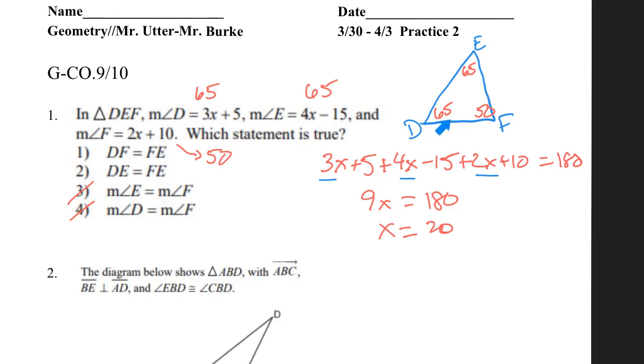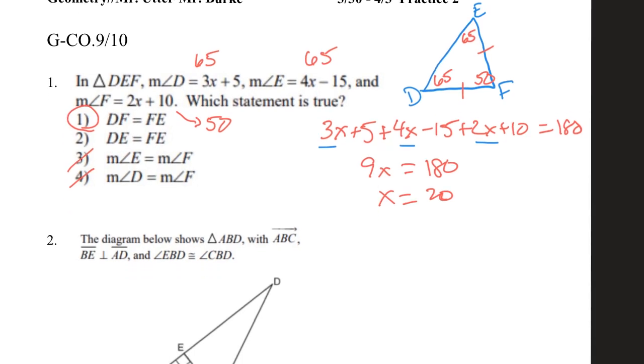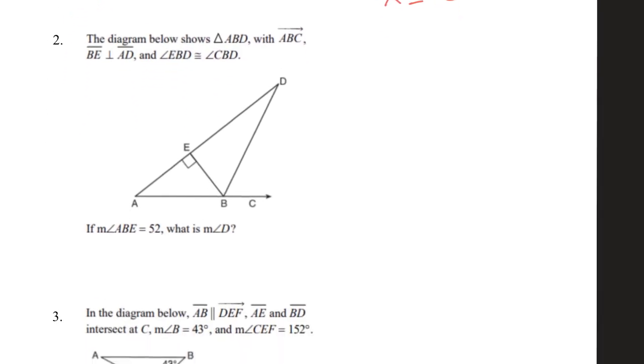Well, that's going to be equivalent to the angle across from D, which is EF. So these two side lengths are congruent. Boom and boom. So that says DF is congruent to FE. And what choice is that? Well, that is choice number 1. All right. Mosey on down to number 2.